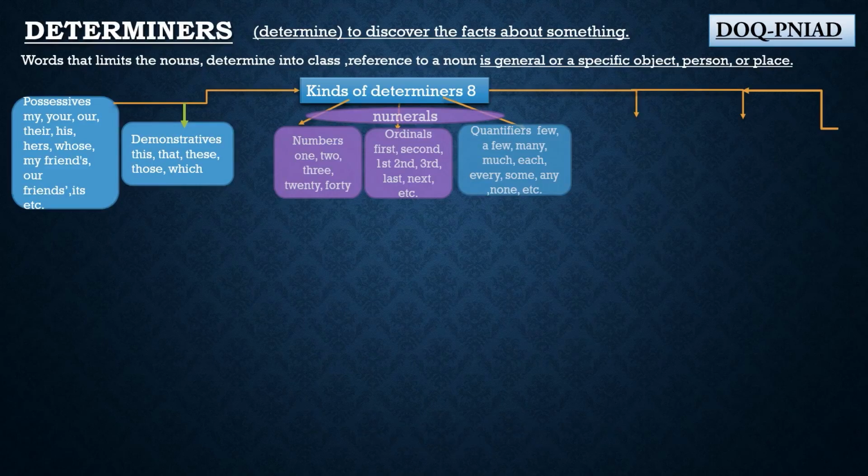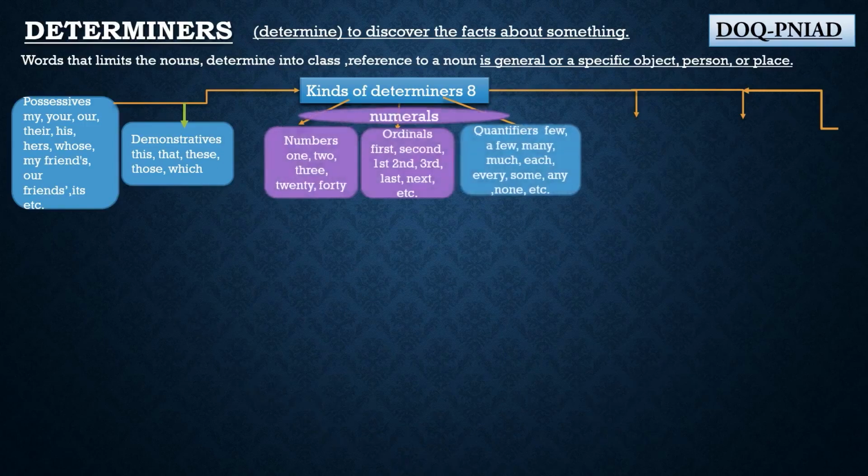Numbers include 1, 2, 3, 4, 20, 40, and such. Ordinals: first, second, last, next, etc. The quantifiers: few, a few, many, much, each, every, some, any, none, etc.